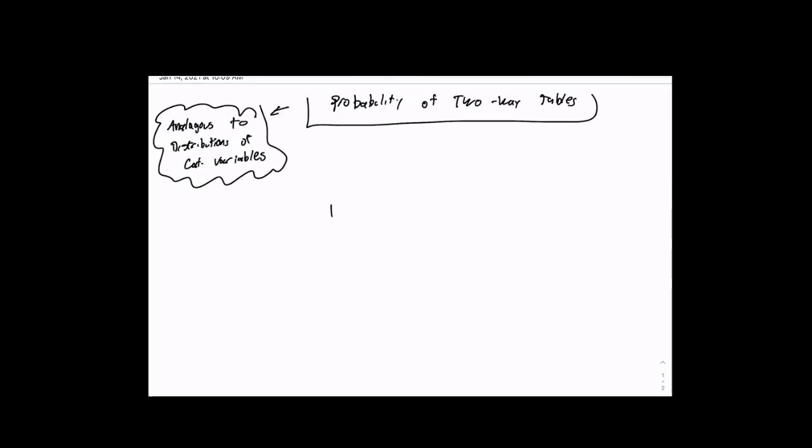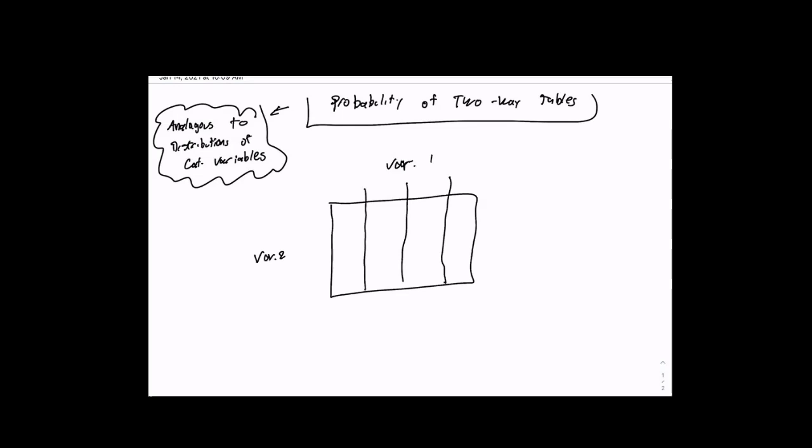Now, over here we have variable 1 on one side, and then we have variable 2 on the other, and we list their responses to these questions right here.